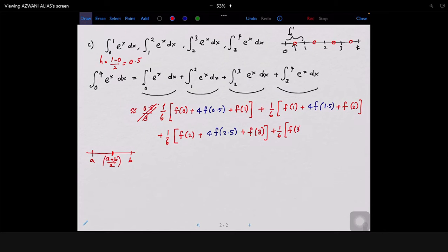F3 plus 4 F3.5, which is between 3 and 4, plus F4. Okay.